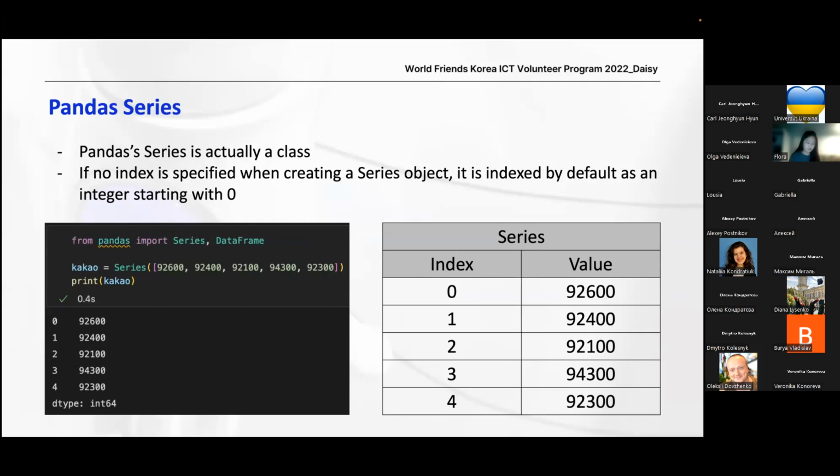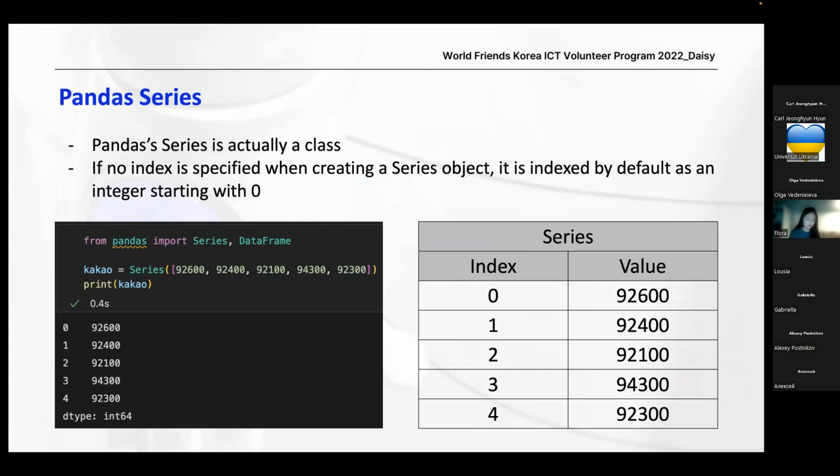As shown in the picture, we have illustrated the internal structure of the series object which the variable cacao is binding. Thus, unlike a one-dimensional array, the series object stores values as well as index values associated with each value at the same time.